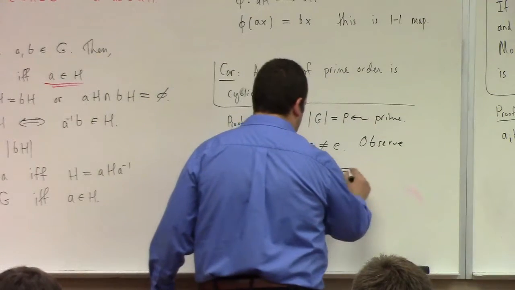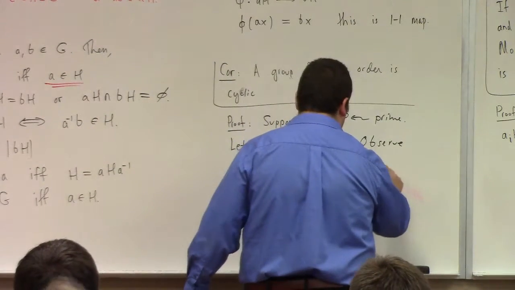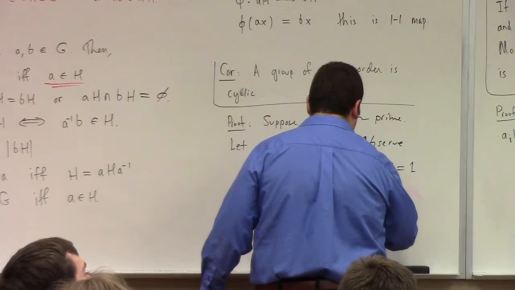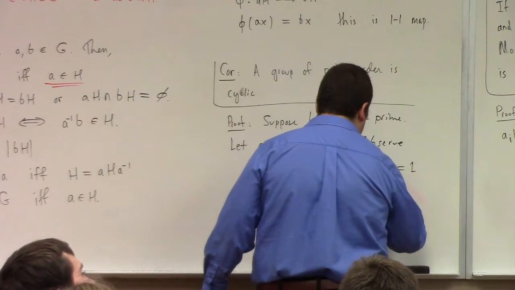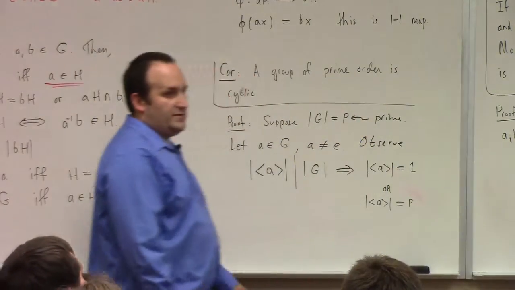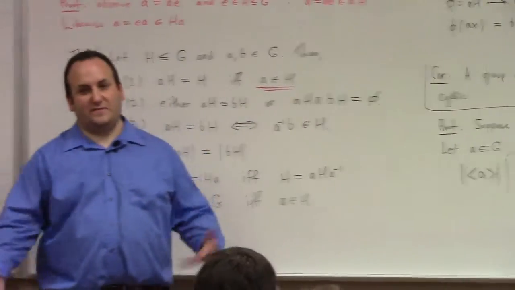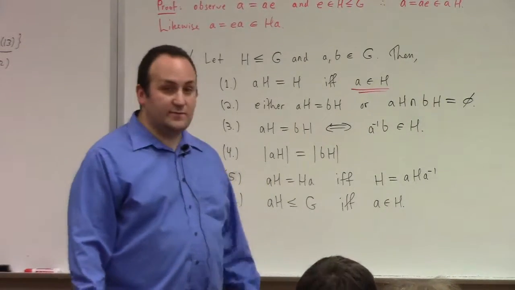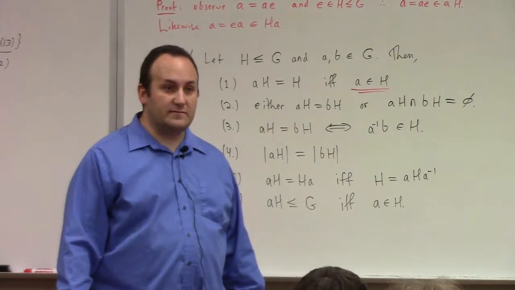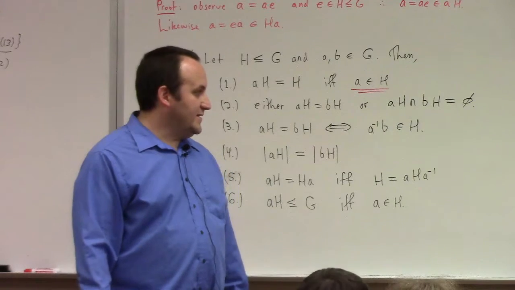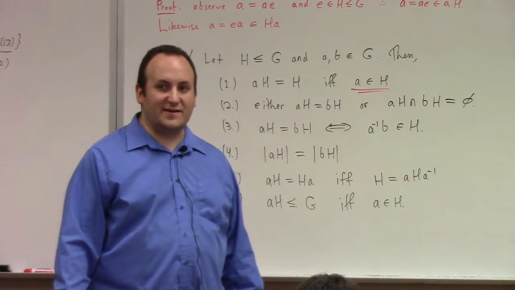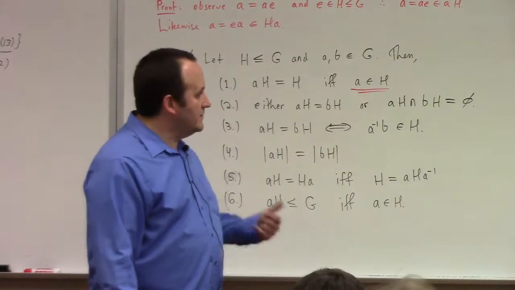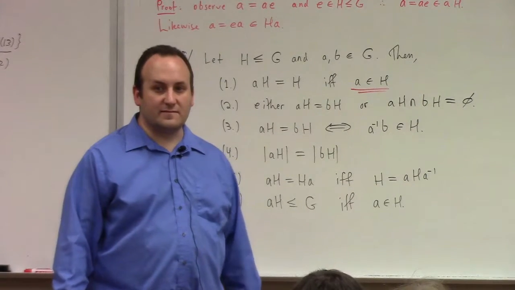Which implies the order of the subgroup generated by A is either equal to 1 or equal to P, because those are the only divisors of a prime, by definition of prime. But the order of A is not 1, because we assumed that A was not E. So the order of A has to be P, which is to say it generates G. So groups of prime order are cyclic.